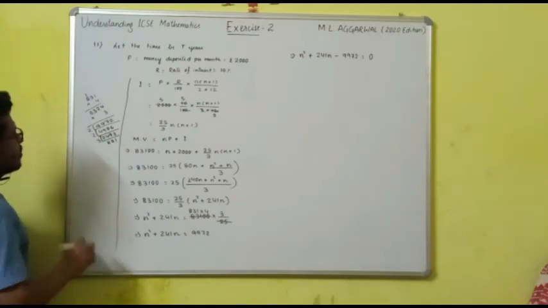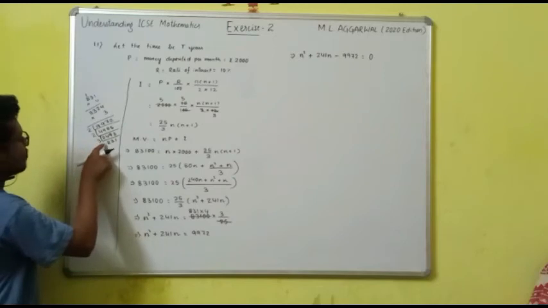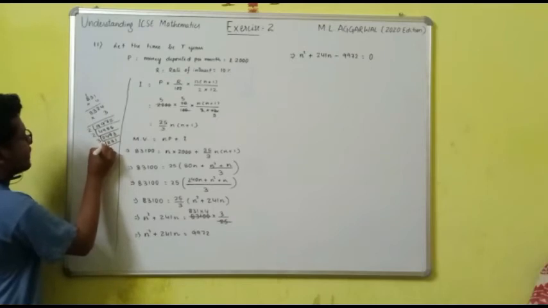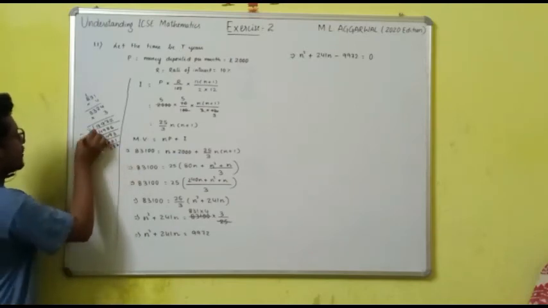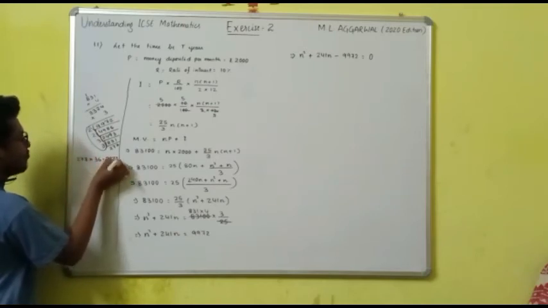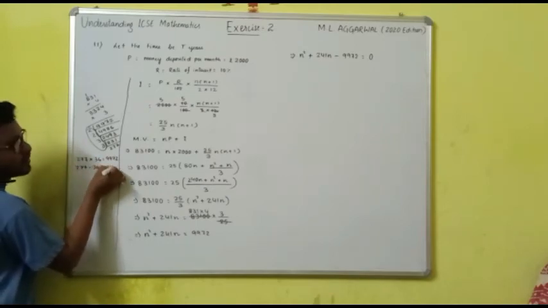So now let us solve this one. So here it will be equals to 831, and again dividing by 3 gives 277. So now you multiply this all. 277 into 36 is equal to 9972. 277 minus 36 is equal to 241.